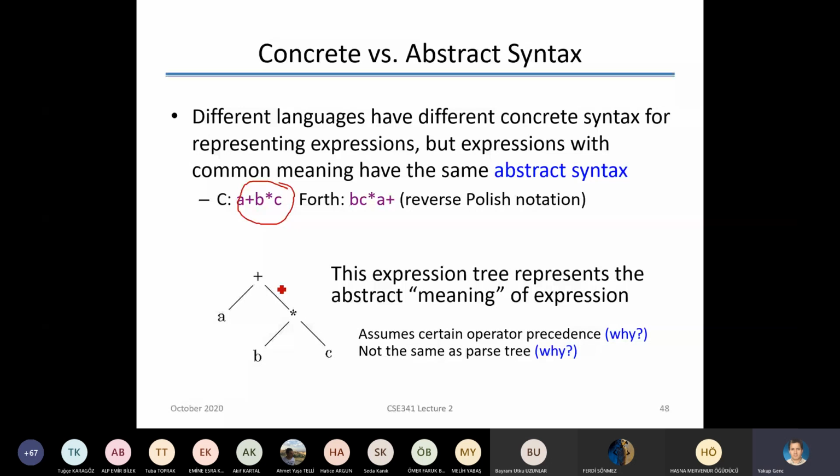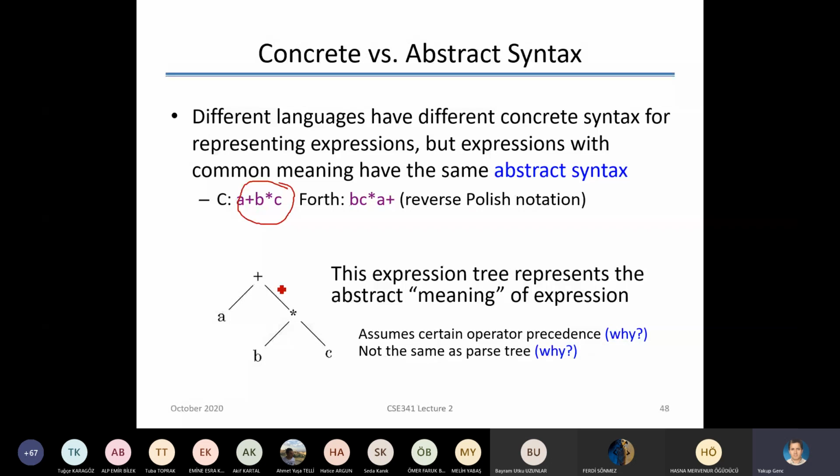So in reverse Polish notation, it's very simple. You start with your values. You say a value, in this case B, another value C, and then if these are followed by an operator, in this case a star, then I know that I will be multiplying B and C. And then I'll have another value, A, followed by the plus sign.